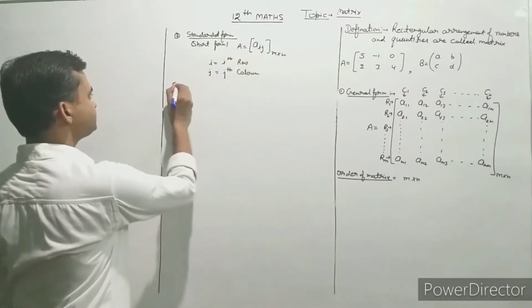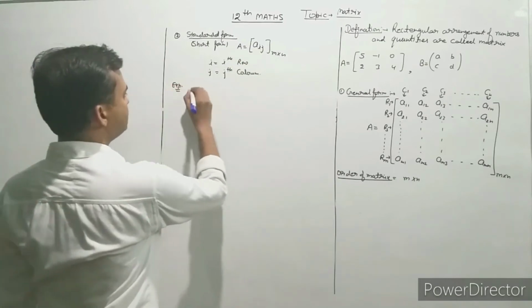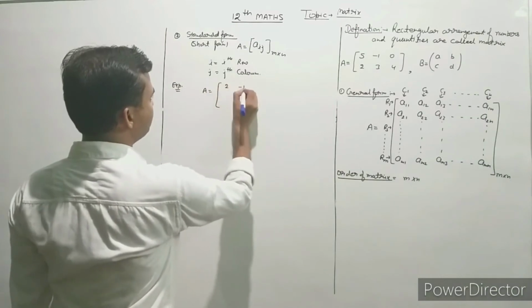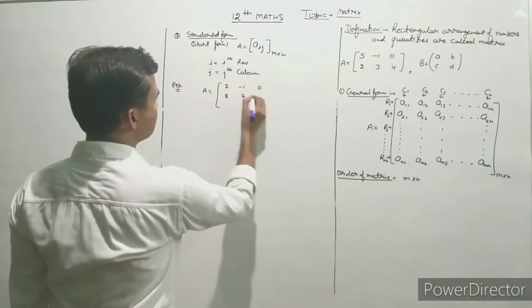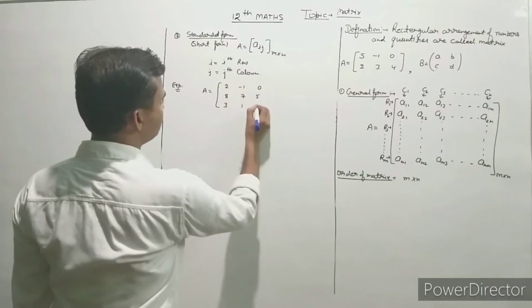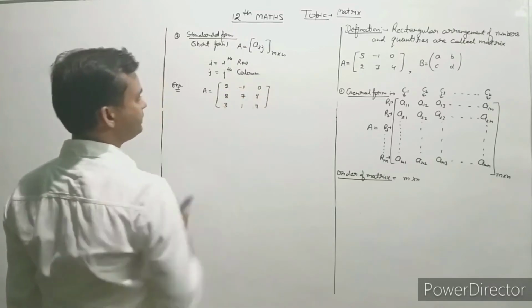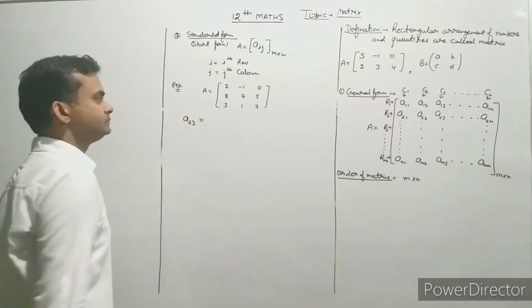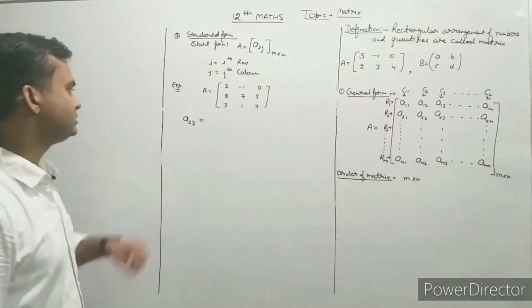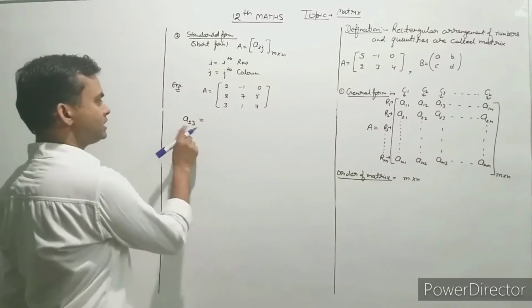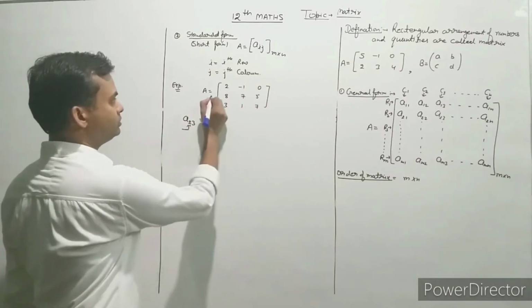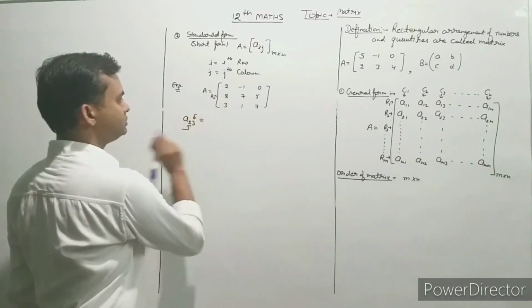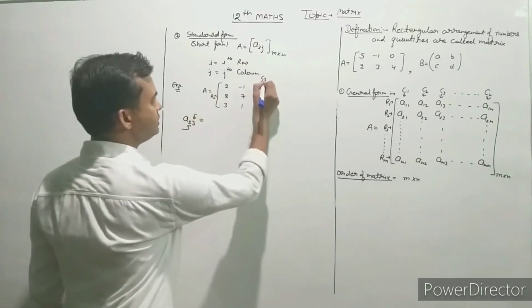For example, suppose a matrix is given: 2, -1, 0, 8, 7, 5, 3, 1 and 7, and the question is, find the element A23. It means first we check the second row R2, and then we check the third column C3.